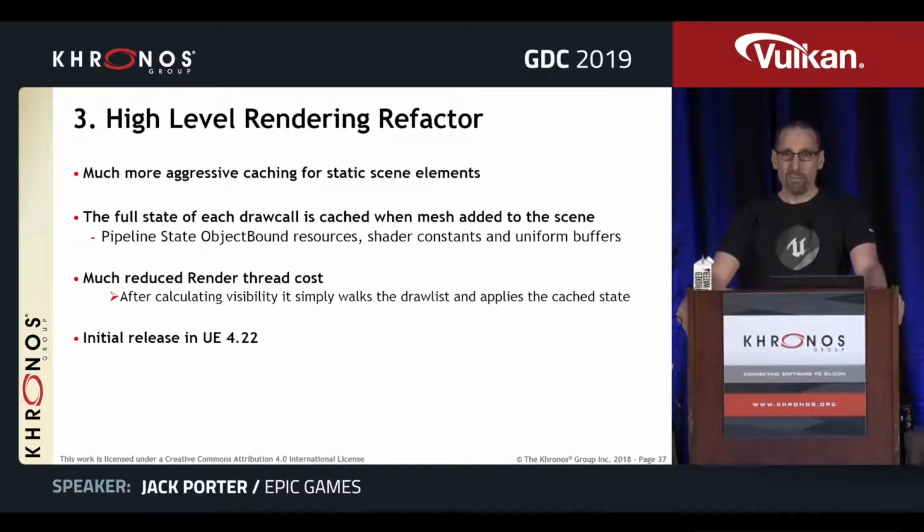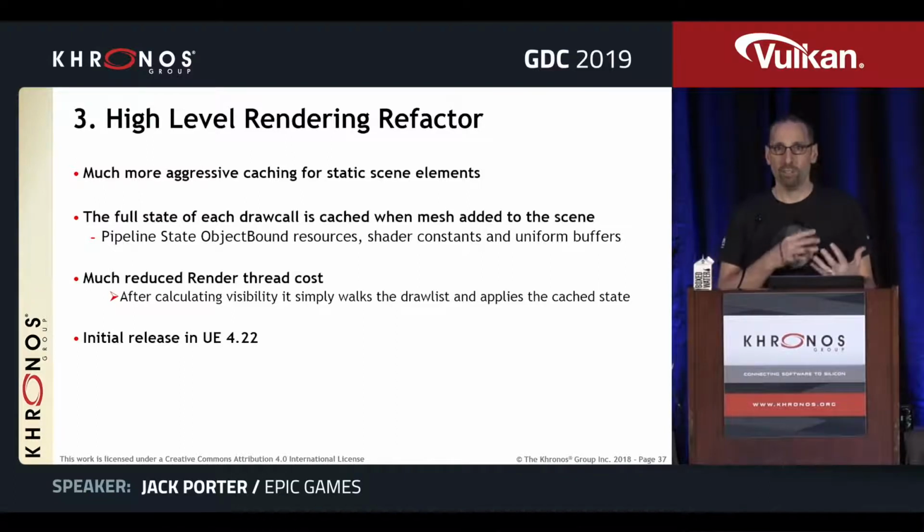The final improvement the rendering team has made to Unreal Engine has been what we call the high-level rendering refactor. This is a rewrite of the high-level code to allow for much more aggressive caching of static scene elements.